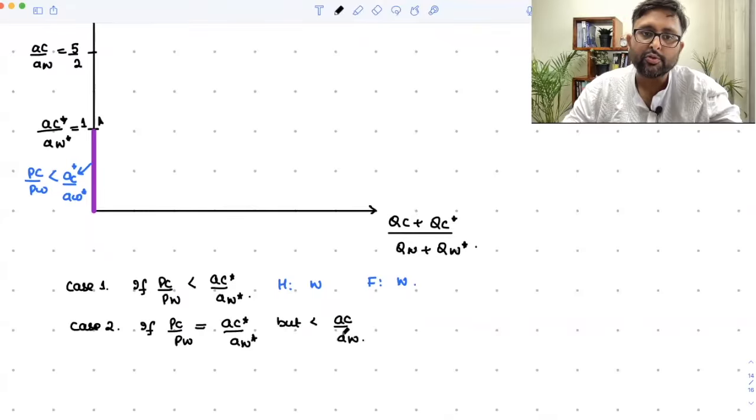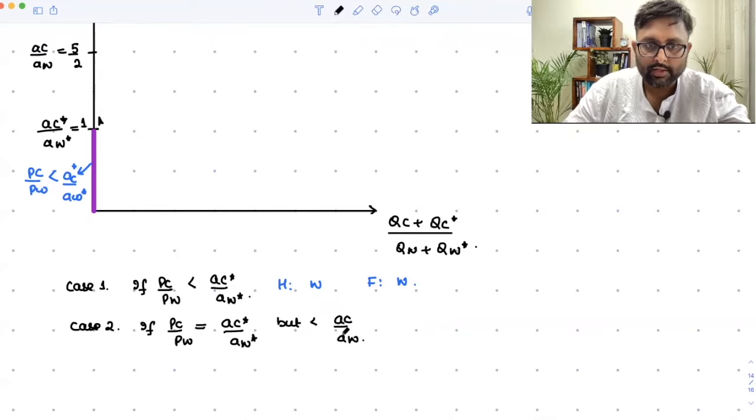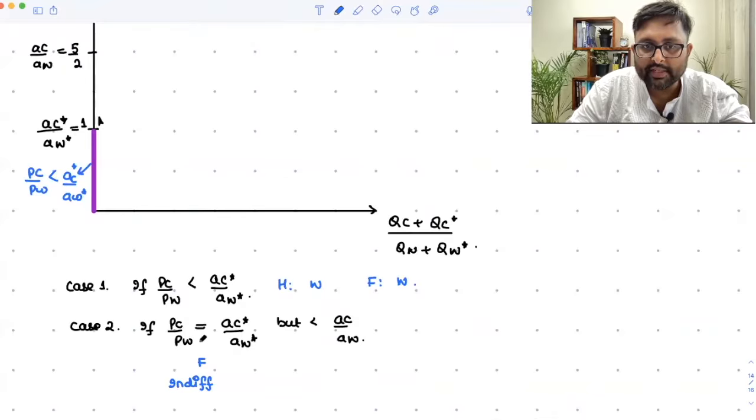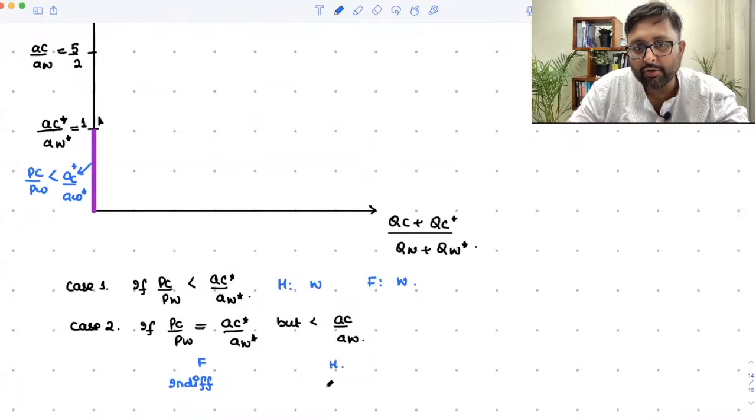It can produce cheese, it can produce wine, it can produce both. And PC by PW less than AC by AW, that is, the relative price of cheese is less than the opportunity cost of cheese in the home country. Home country is still going to produce all wine. So home country will say, I will not be producing cheese. But foreign is indifferent between producing cheese or wine.